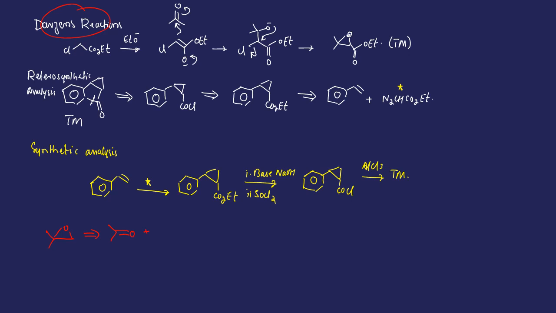A ketone and a carbene, and the carbene acts as a nucleophile that can be obtained from a sulfur ylide. For example, if the ketone or aldehyde bearing a carbonyl group is treated with a sulfur ylide, we can easily get this target material. So here we can use the application of sulfur ylide for getting the target material.